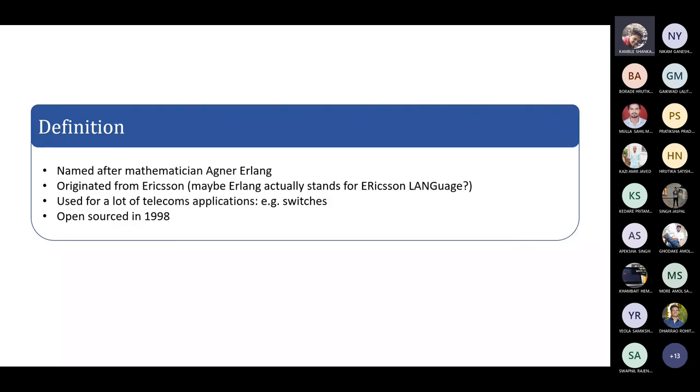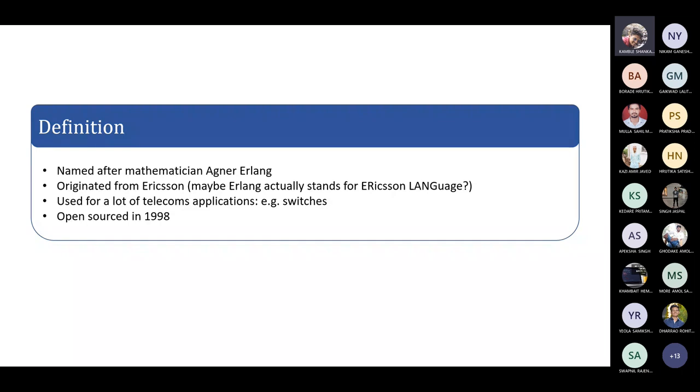So coming to the definition of Erlang. It is named after the mathematician Agner Erlang, and it was originally from Ericsson. That is maybe why Erlang also stands for Ericsson language, with ER from Ericsson and Lang from language.